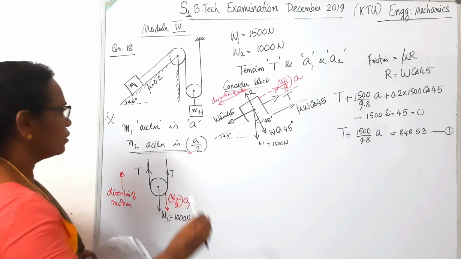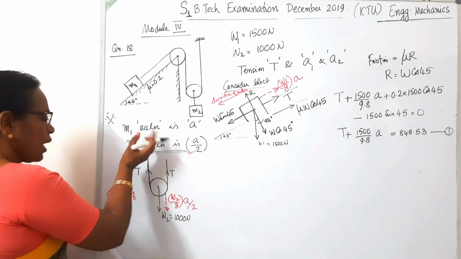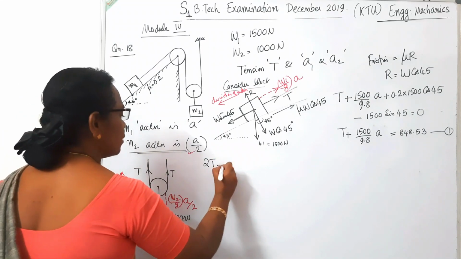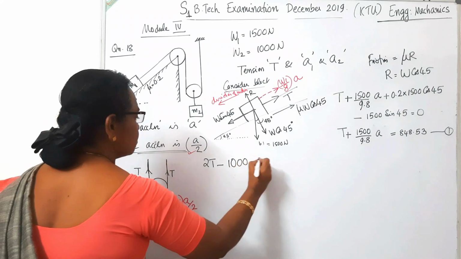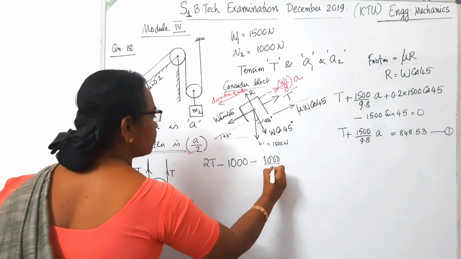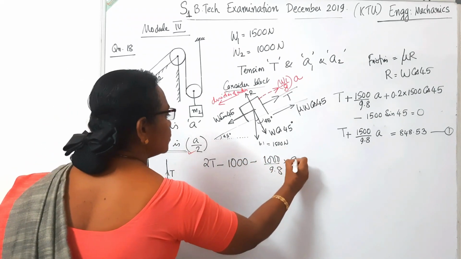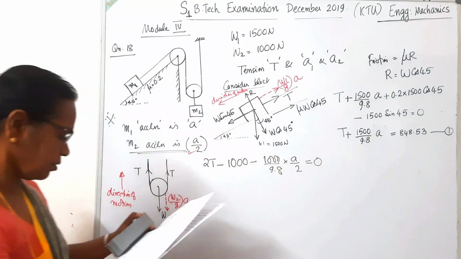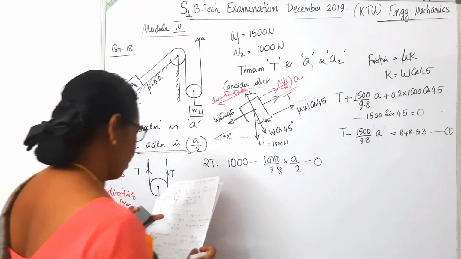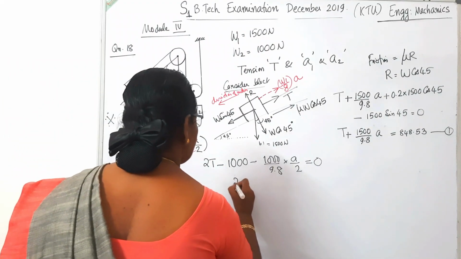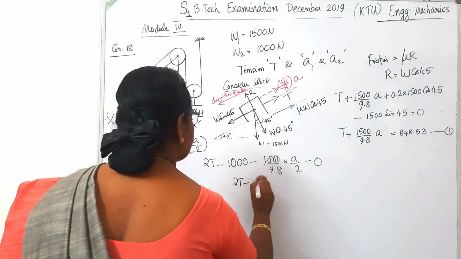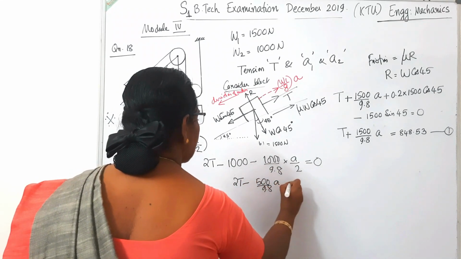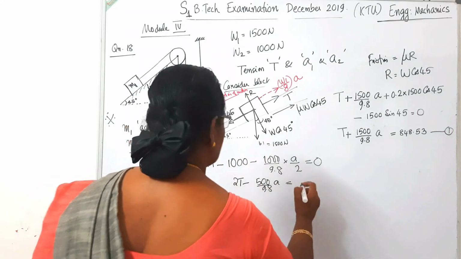Now let us write down the equation. Considering the motion is upward, T plus T, 2T, minus 1000, minus 1000 by 9.8 into A by 2 is equal to 0. Let us see if we can reduce this equation to a smaller form. 2T minus 500 by 9.8 A is equal to, this goes to the other side, 1000.